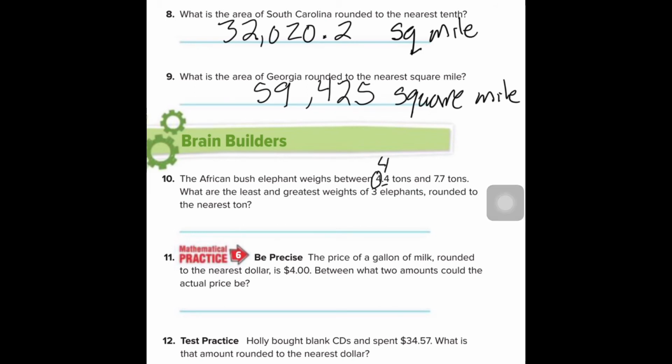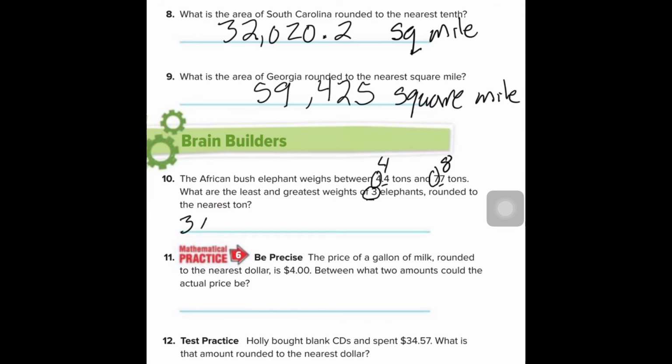So the smallest an elephant could be is 4 tons. And right here, this is our target, and that 7 is going to determine what happens to it. It's going to bump it up to an 8. So the largest the elephants could be is 8 tons, right? So we need to know 3 elephants at the smallest weight and 3 elephants at the biggest weight.